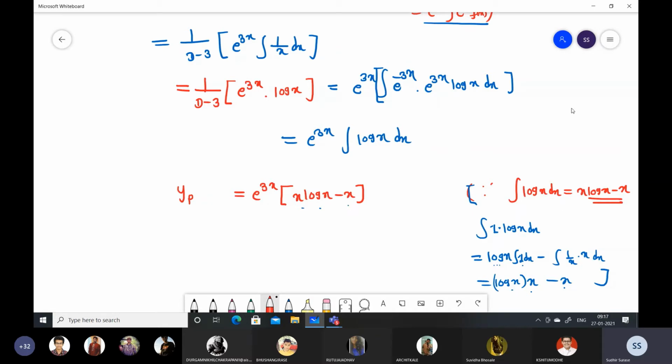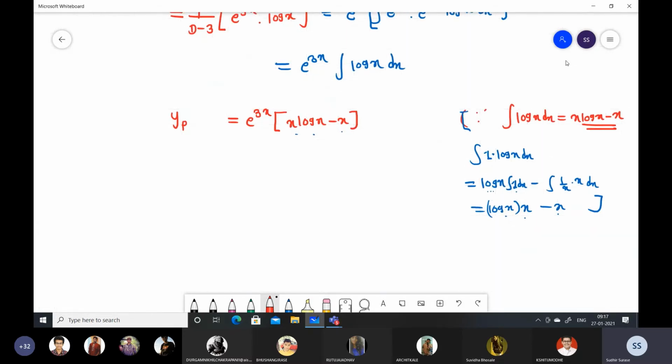And after that, we have to write the general solution. Therefore, the general solution is given by y is equal to ycf plus yp. But ycf we already got, it is (c1 plus c2 x) times e to the power 3x.